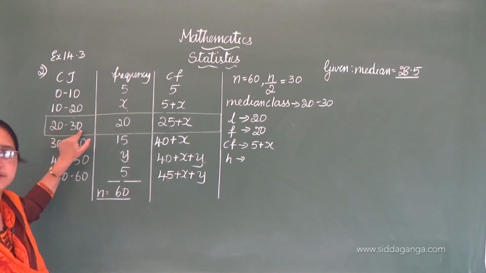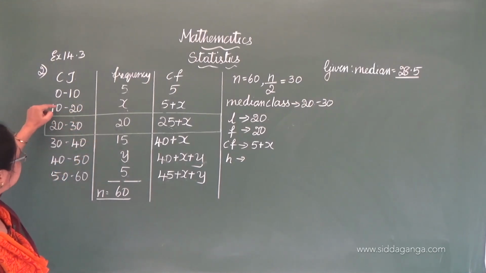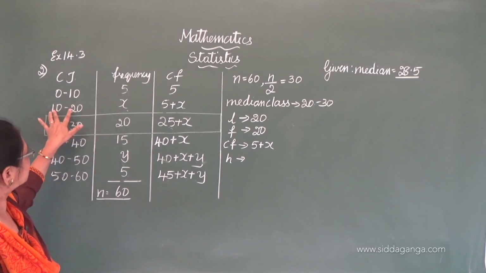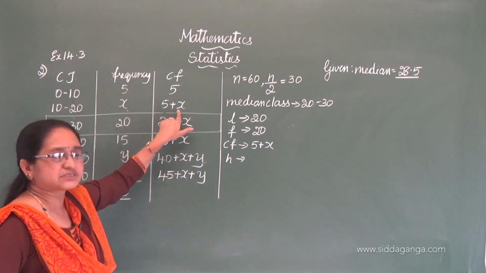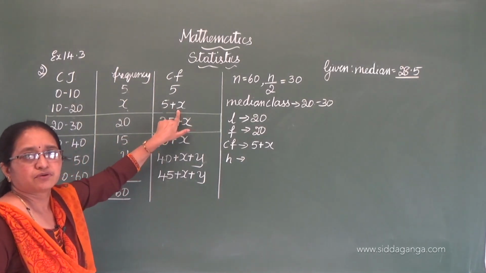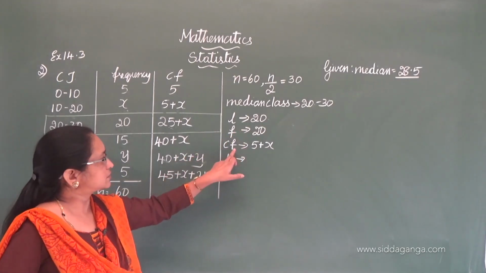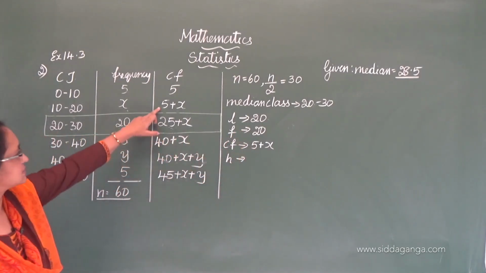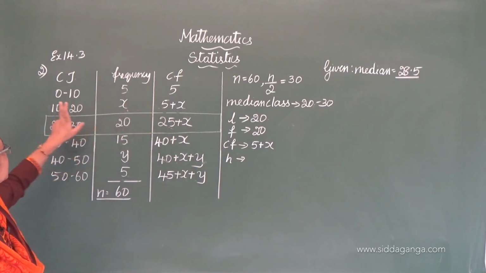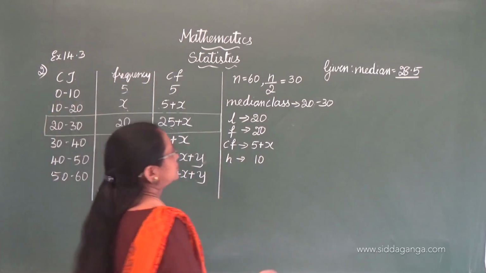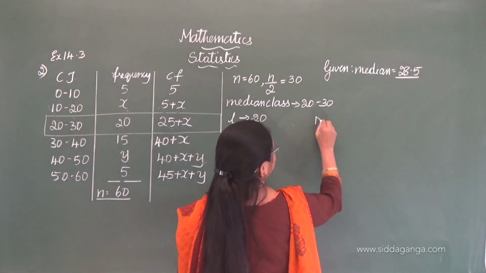So this is 20 to 30, preceding is 10 to 20. So this is the preceding class. So the corresponding cumulative frequency is 5 plus x. Okay. Now you just see that L is 20, F is 20 and cumulative frequency is 5 plus x. And what about H? H is 10. Okay. Now write the formula first. Median.